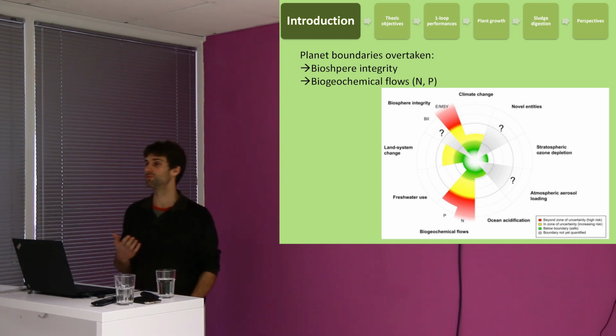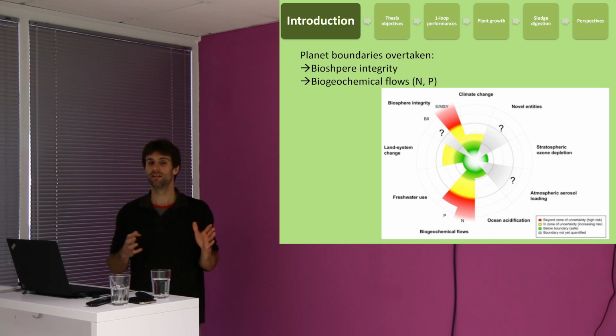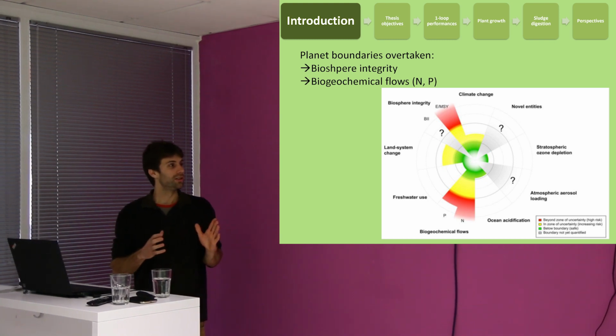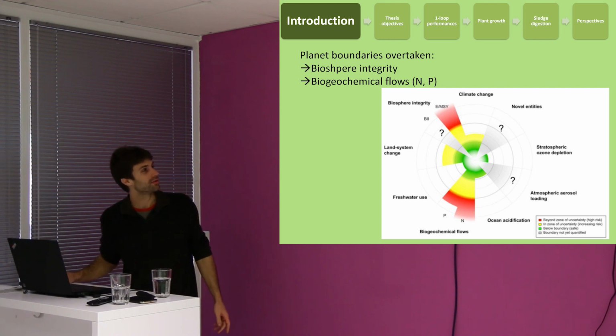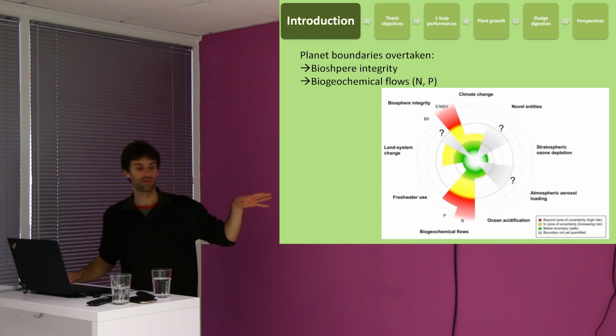So the idea is we have boundaries for different aspects of the ecosystem. So we have climate change, biosphere integrity, which is linked with biodiversity. We have land system change. We have freshwater use, and we have biochemical flows, like for phosphorus and nitrogen.